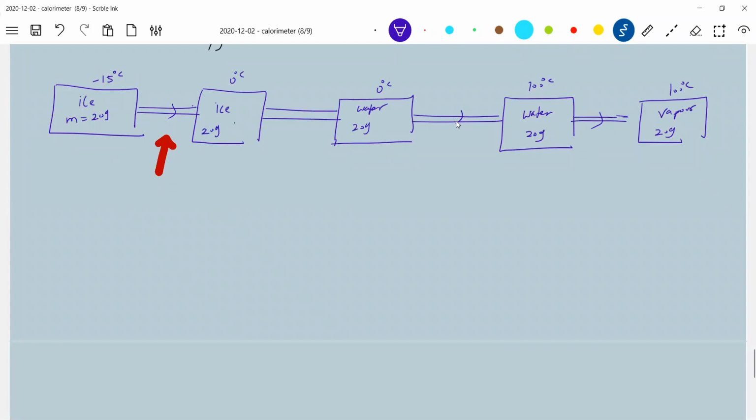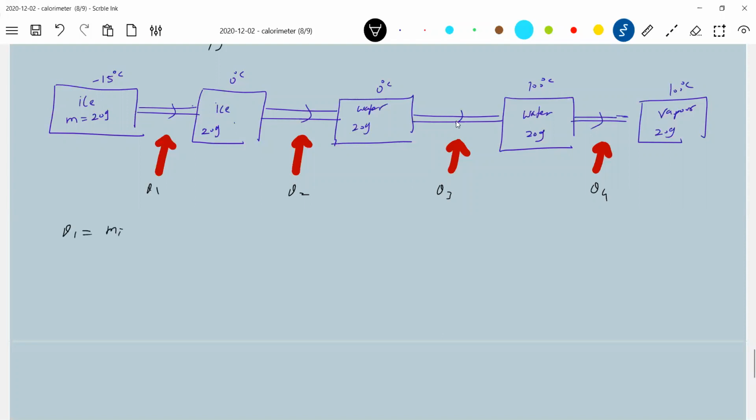Then it will melt. So I should supply heat: Q1, Q2, Q3, Q4. For ice at minus 15 degrees Celsius to convert into vapor at 100 degrees Celsius, what amount of heat should I supply? So I'll start with this one.